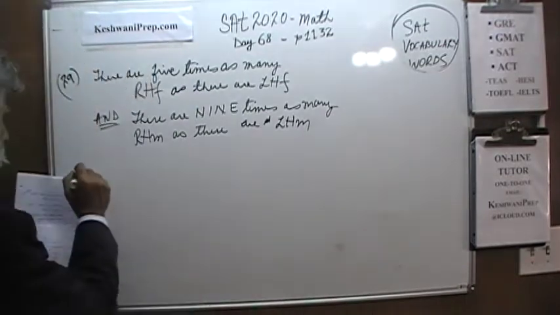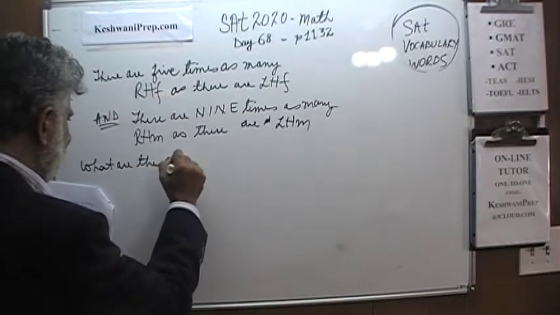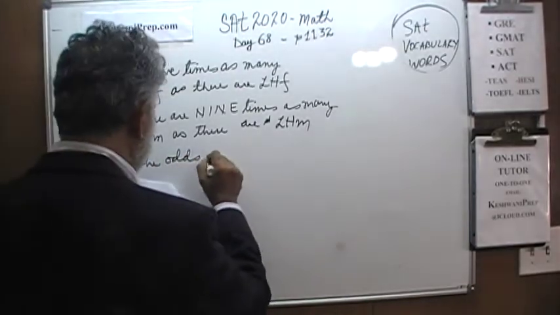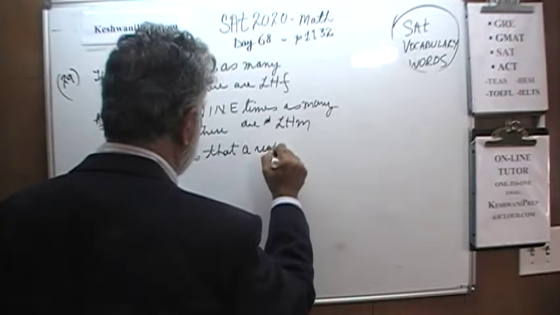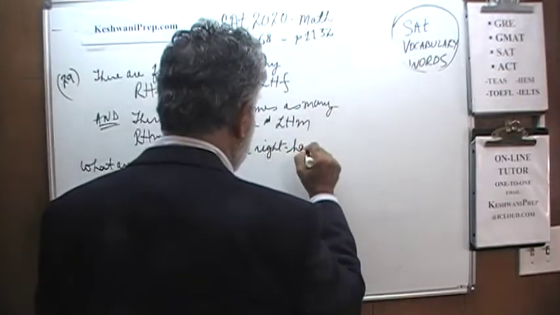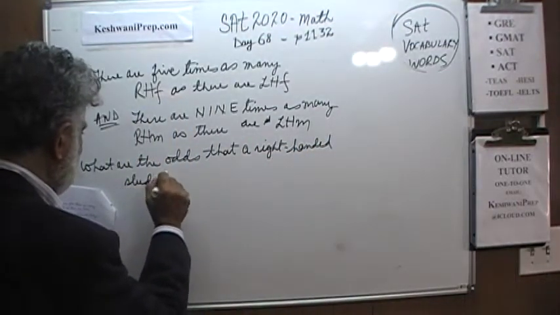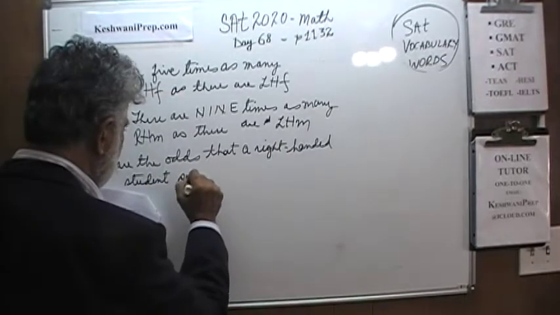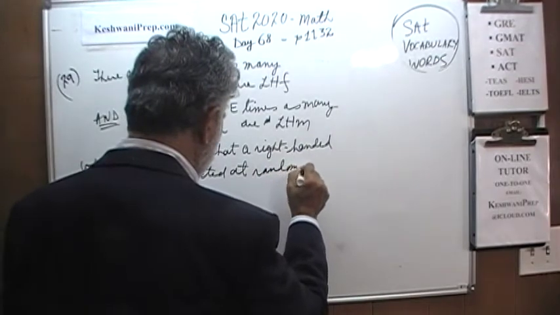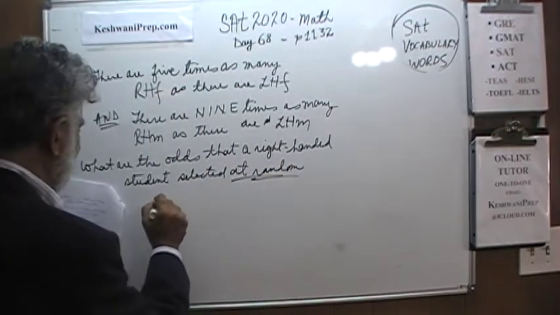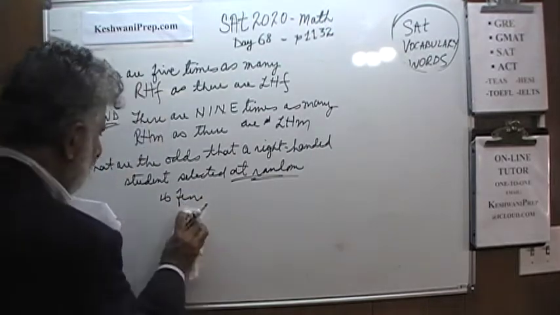Question is this: what are the odds that a right-handed student selected at random, which is important, at random, is female?